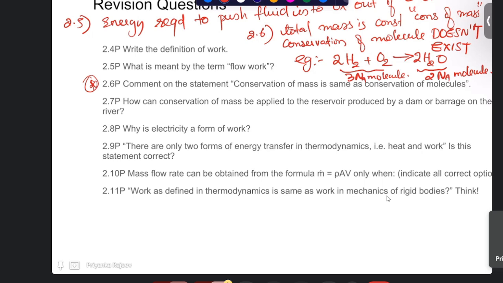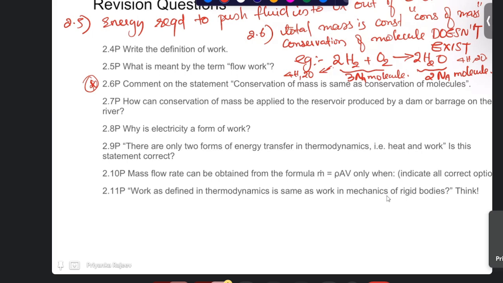But think about mass here. What is happening? Before the reaction you have four hydrogen and two oxygen. After the reaction also you have four hydrogen and two oxygen. Just compute the mass; it will be the same, right?